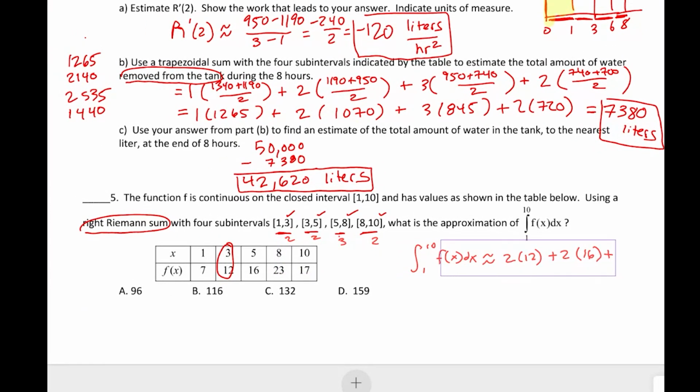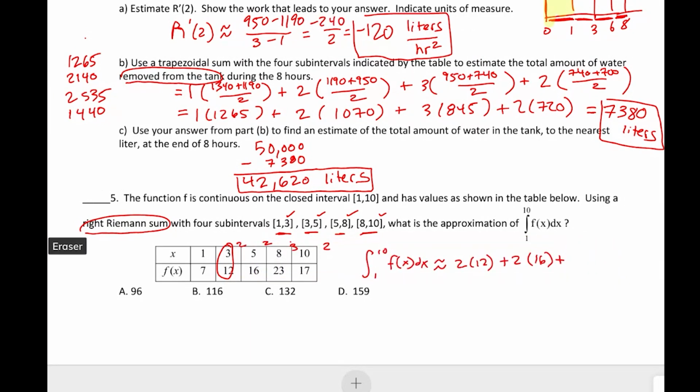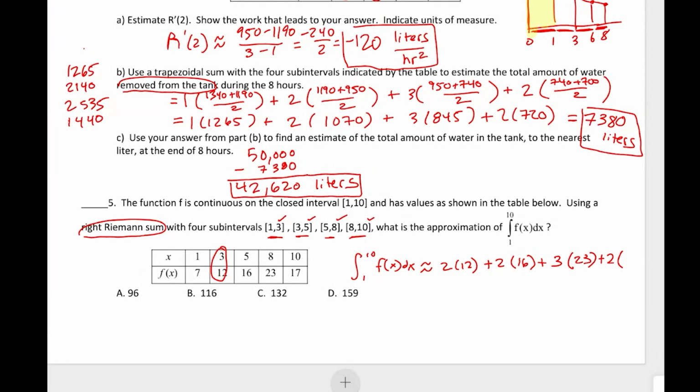Plus 3, because from 5 to 8 is actually 3 units, times 23, plus 2 times 17.